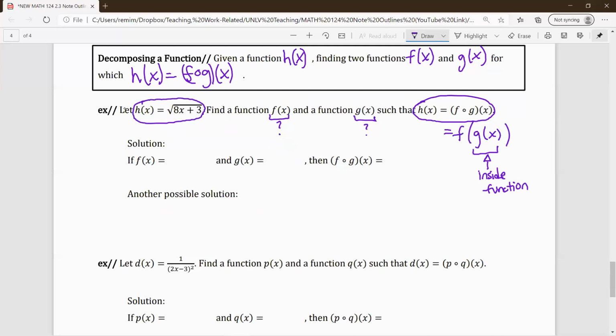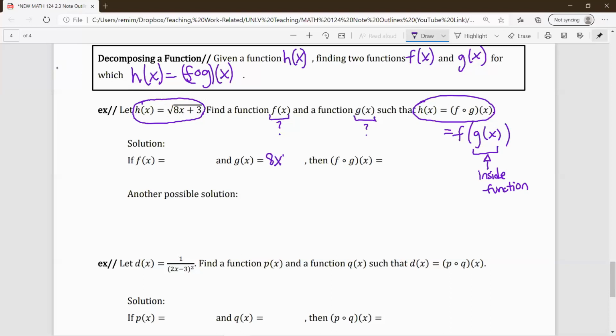And what expression looks like it could be on the inside of what we have going on here? So to me, it looks like we could have this 8x plus 3 be considered the inside part of this overall function. So let's just give that a try.